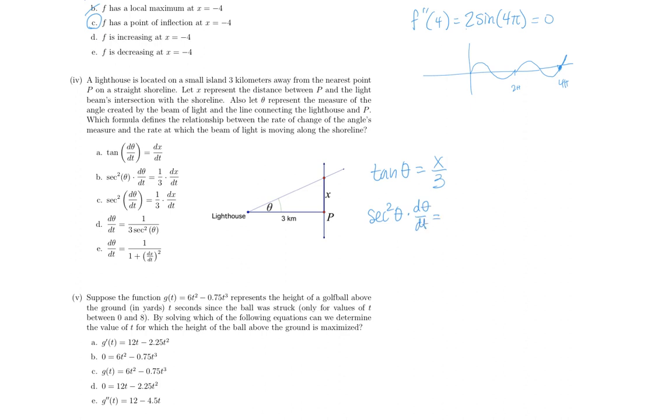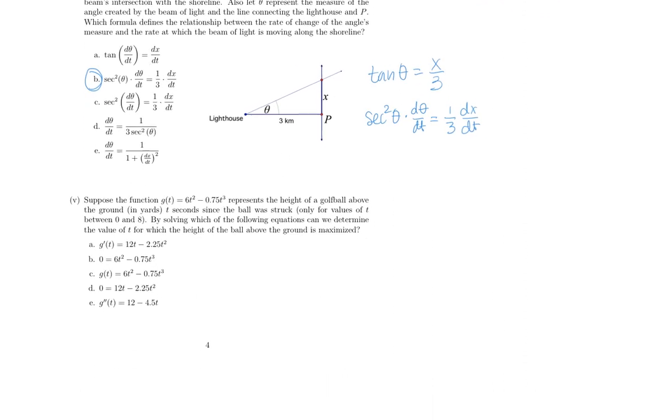That's just by the chain rule. And then what's the derivative of x over 3 with respect to t? Well, it's going to be 1/3, and then the derivative of x with respect to t is just dx dt. Okay, and so it should be b: secant squared theta d theta dt plus 1/3 dx dt.